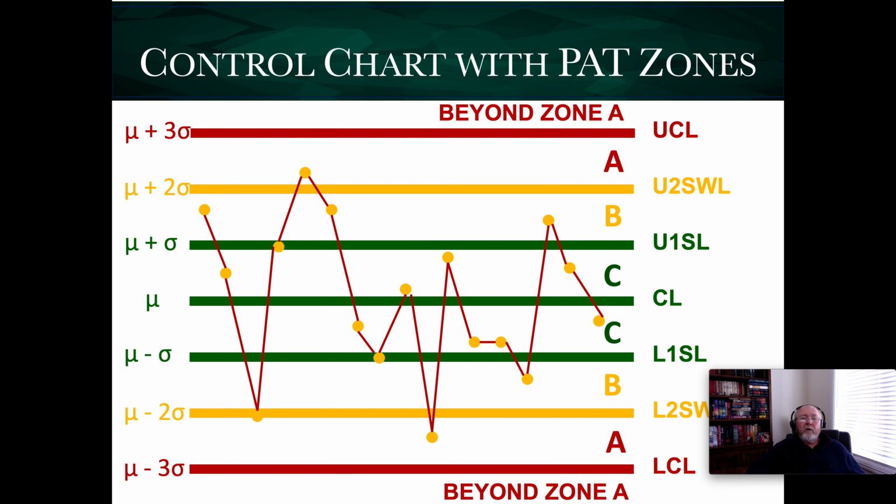So what are you going to say if you see something way up there, above that upper red line? You'd say, well, there's a chance that it's just that rare occasion when something is up there and there's no specific cause for it. It's just random.